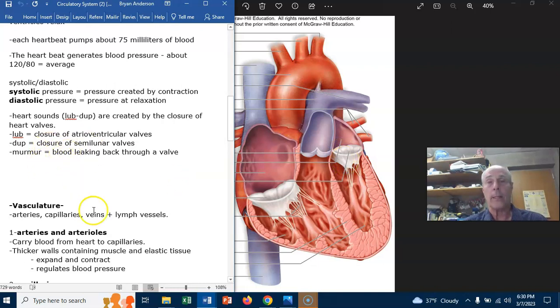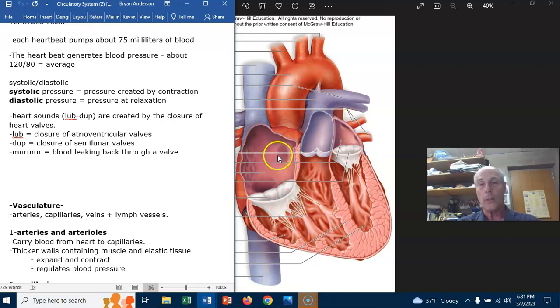You can see that right here. Now, I'm guessing there's a number of you that have heart murmurs in this class. Oftentimes, that's because when you're born, there's an opening, if you will. There's a number of openings between the chambers in the heart because as you're developing inside your mom, you don't want blood going to the right side of the heart and out to the lungs where it's going to sit, because your lungs aren't functional yet.